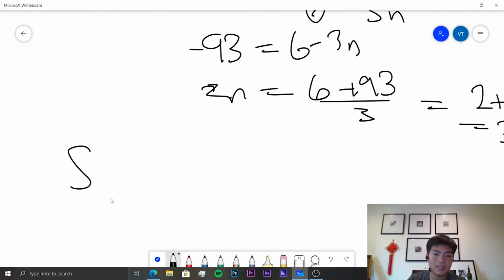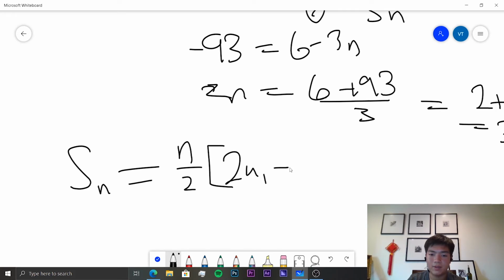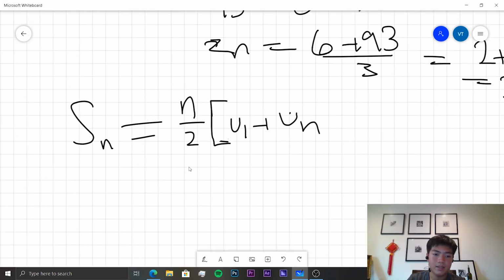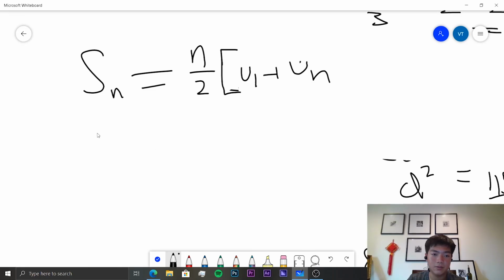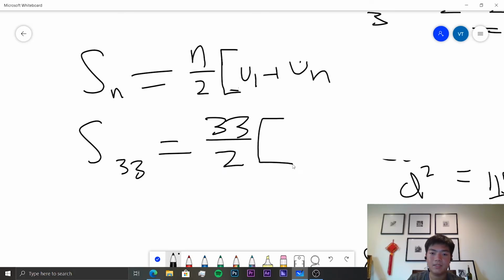And so remember, S of n is equal to n over 2 times 2u1 plus, well, actually, no. In this case, it would just be easier to use the first term plus the nth term. So since we're summing to 33, we're going to put 33 divided by 2 times, the first term is 3, and the last term is negative 93.